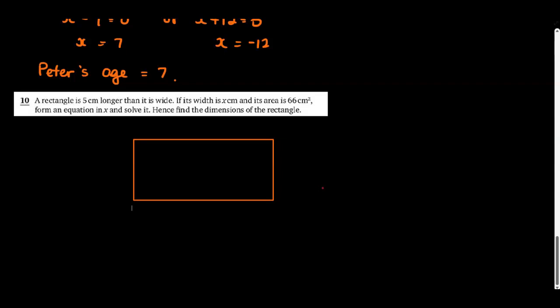If its width is X centimeters, so the width is X, the length is going to be X plus 5 centimeters. If its width is X centimeters and its area is 66 square centimeters, form an equation in X and solve it.